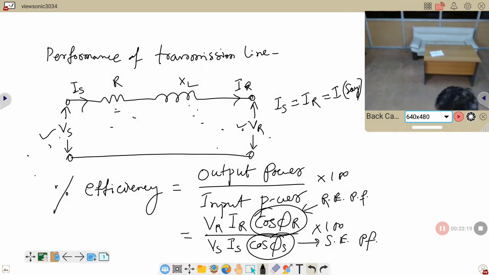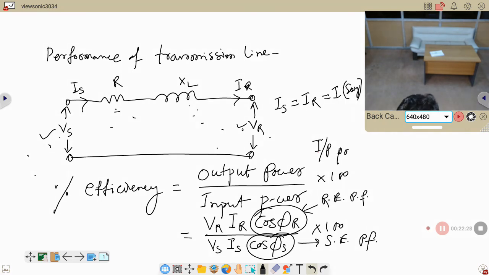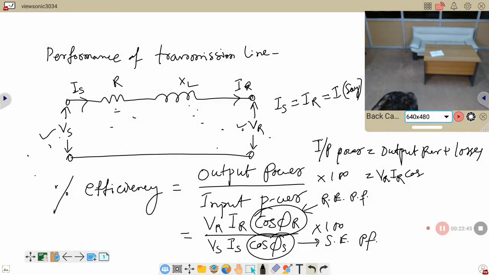Again we know the input power can be represented as output power plus losses. Output power, you already have, is VR IR cos phi R. Losses means how much power loss is there.